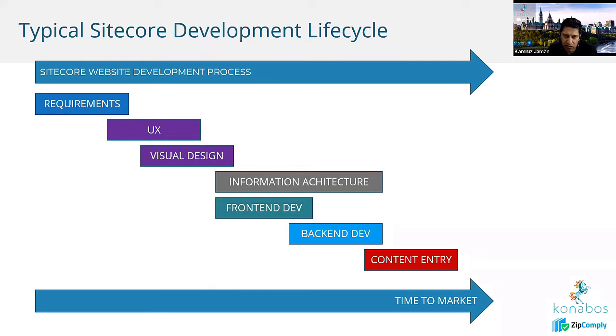Then it gets handed over to the team to build out the information architecture. A front-end dev team will build out static HTML files, hand those over to the back-end team, who will then implement that and integrate it into the Sitecore code base. And then before go live, the content entry team will work like mad to populate the site and build out the website.